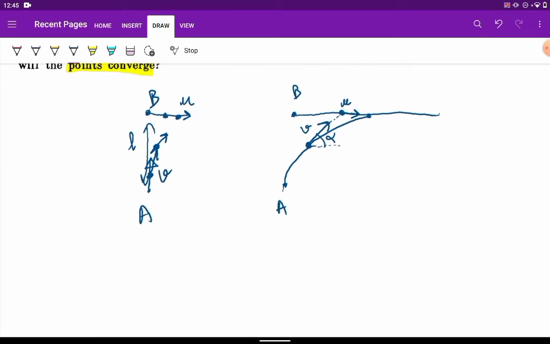Now we need to consider two things. First of all, A and B initially were separated by distance L, and if we sit in the reference frame of B, A keeps approaching B, and the length L reduces to 0 upon convergence. Let's say this happens at t equal to tau.